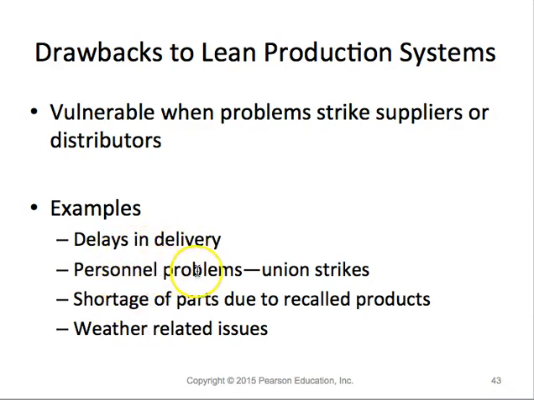Then there are personnel problems, union strikes, for example. The union strikes on the suppliers and distributors, and they're not going to ship you anything because of strikes. And shortage of parts due to recalled products. If some products have been recalled, suddenly you have a shortage of parts because you need more parts to repair all these recalled products.